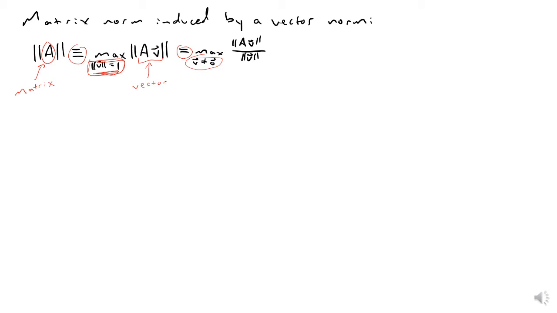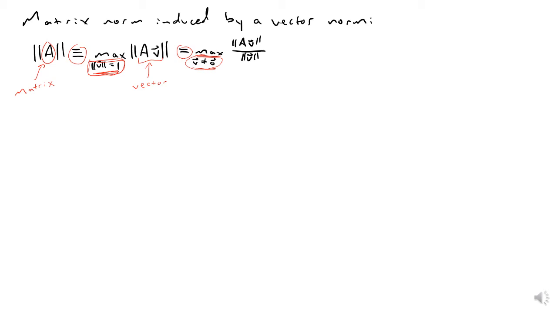And the biggest one of all of those, the max of all of those, is our matrix norm. And again, that seems impossible because there are so many vectors, pretty much every vector except for one, that satisfies our condition of not being 0. So how in the world could we ever possibly measure this?